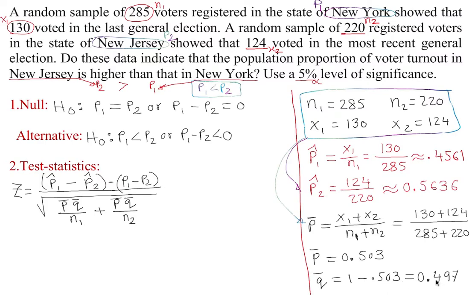Now we have everything ready. All we do is plug it in. So this one is going to come down here, and this one is going to be here, and that is going to be here, and so is this, and of course, sample size 1 and sample size 2.